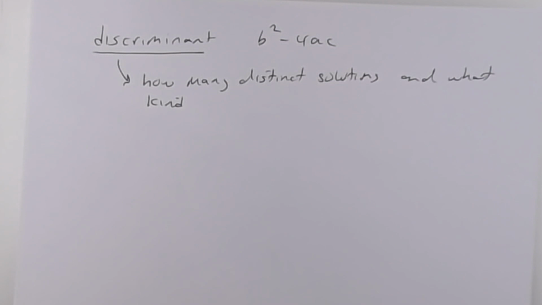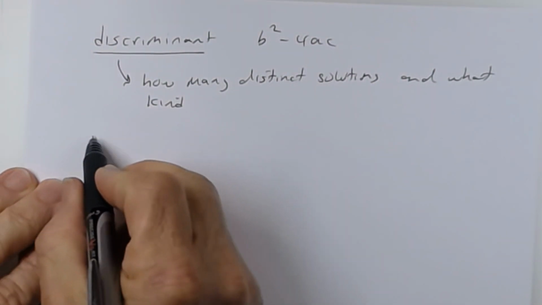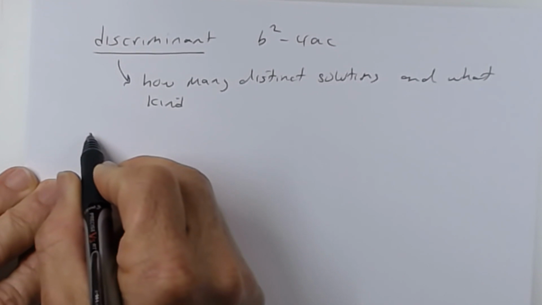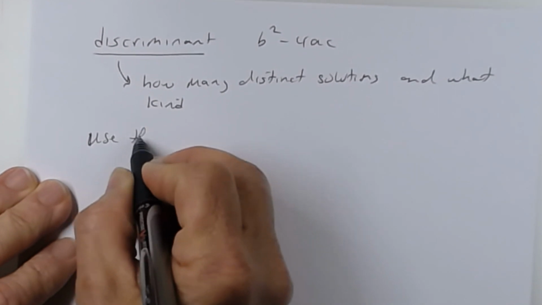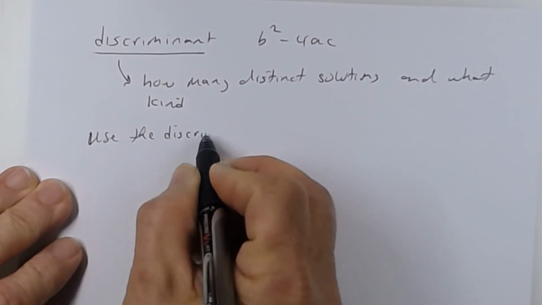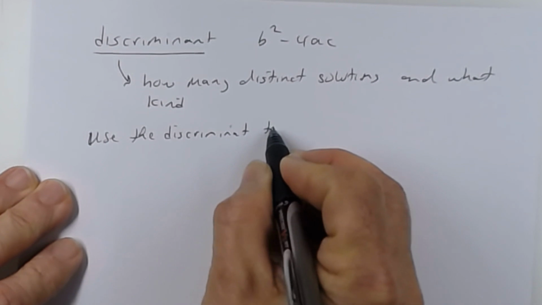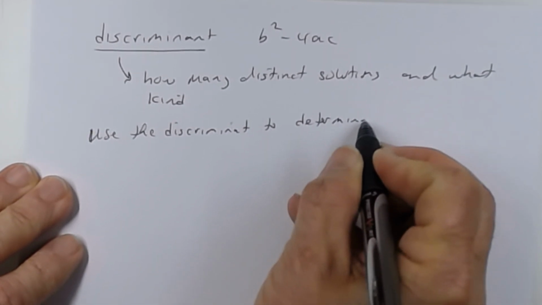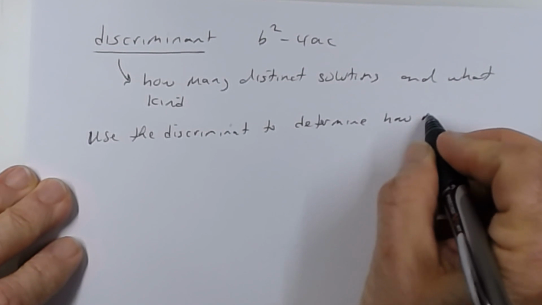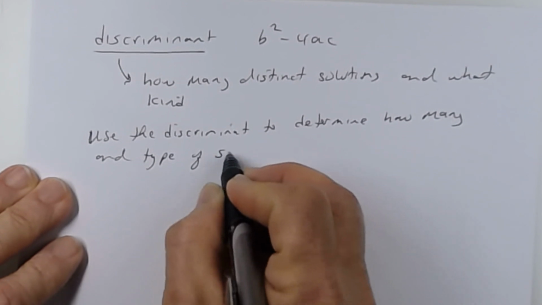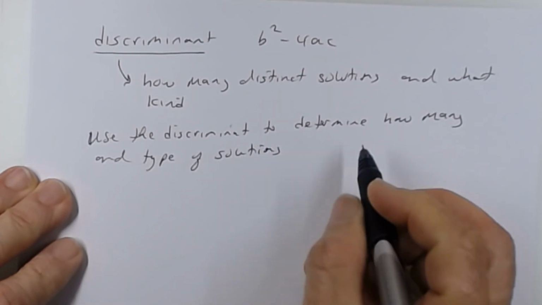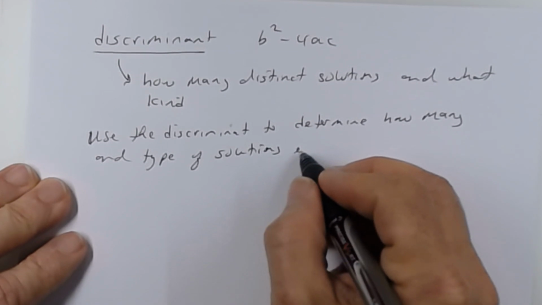Well, the discriminant is b squared minus 4ac. So if you have, let's say number 1, the directions will say something like: use a discriminant to determine how many and what type of solutions each quadratic equation will have.